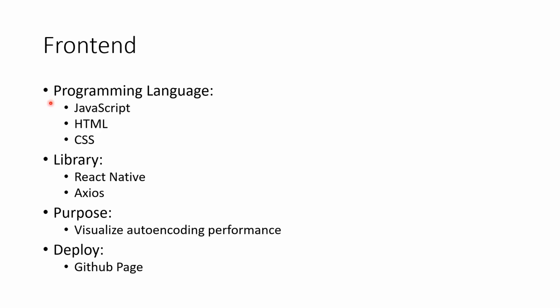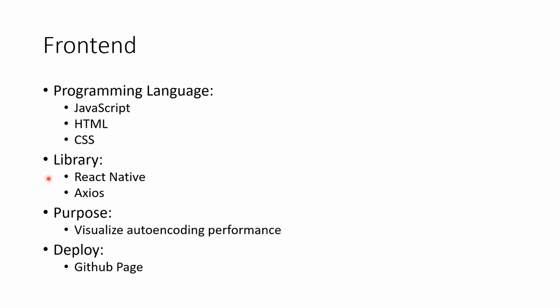Hello, I'm Ian McDevitt from Team Peace, and for the front end, the programming languages we'll be using are JavaScript, HTML, and CSS. For the library, we'll be leveraging React Native to create custom components, buttons, and slide bars. Using Axios, we'll make HTTP requests of the hard-coded image in the front end to the backend to receive the latent vector.